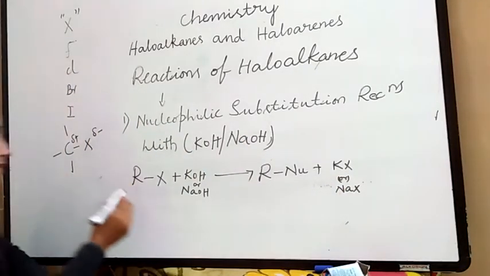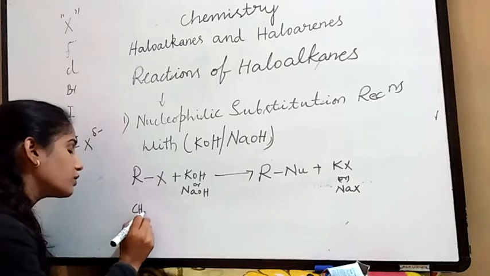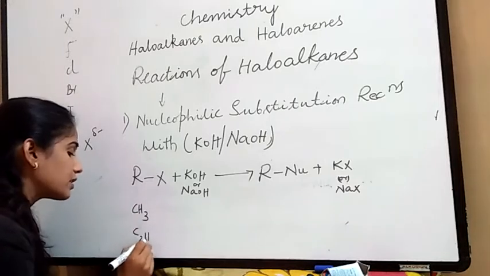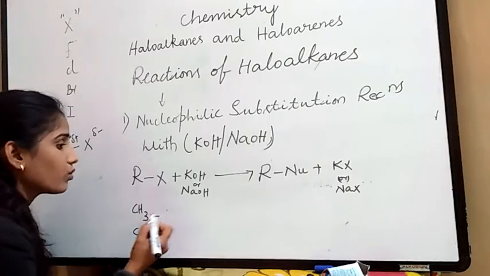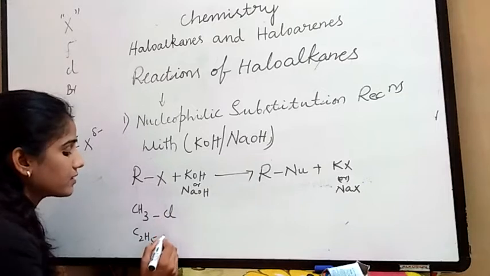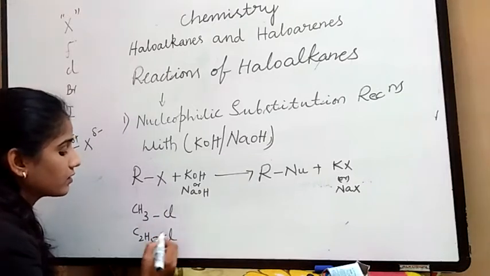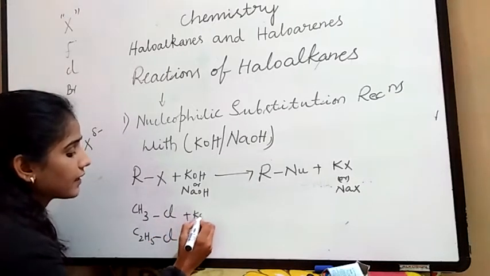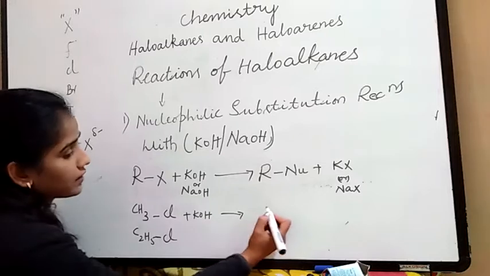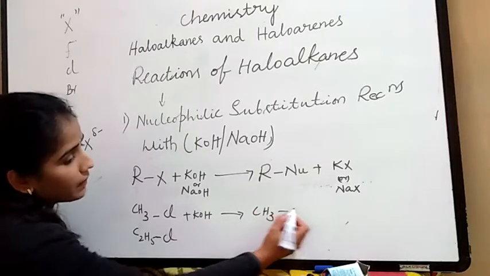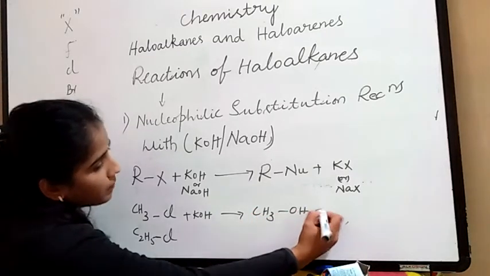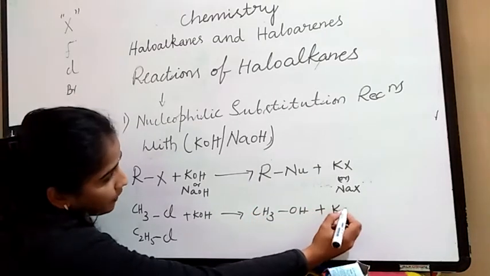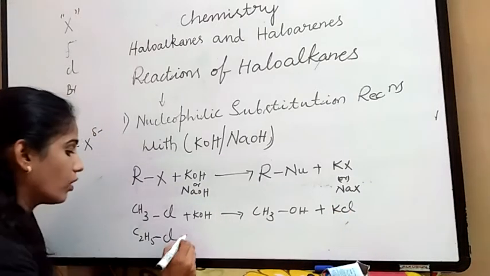So you should take examples by taking R equal to CH3 and C2H5. In place of halogen you can take Cl. So you should practice. CH3Cl plus KOH gives CH3OH plus KCl, potassium chloride, methyl alcohol.